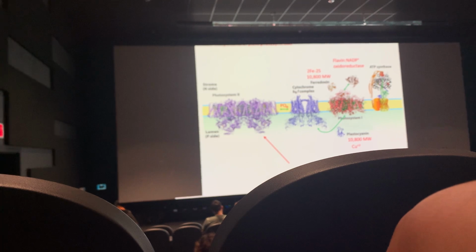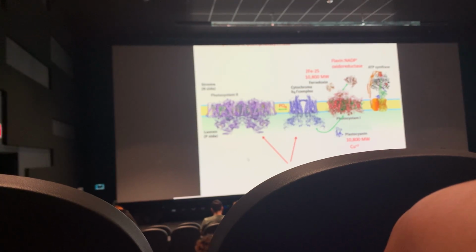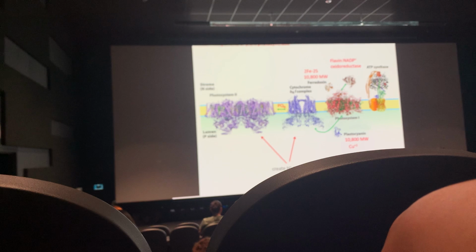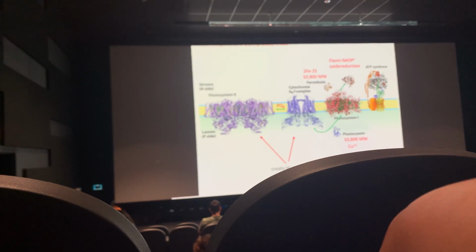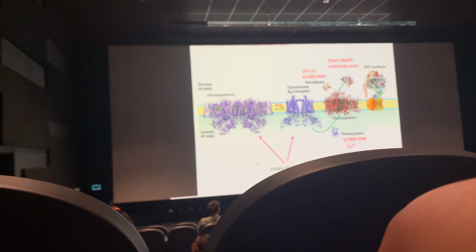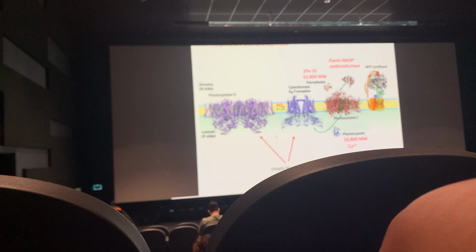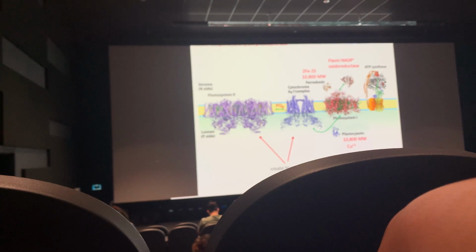And so the protons are helping to create a proton gradient. So in the chloroplast, inside the lumen part, there are two sources of protons being created.